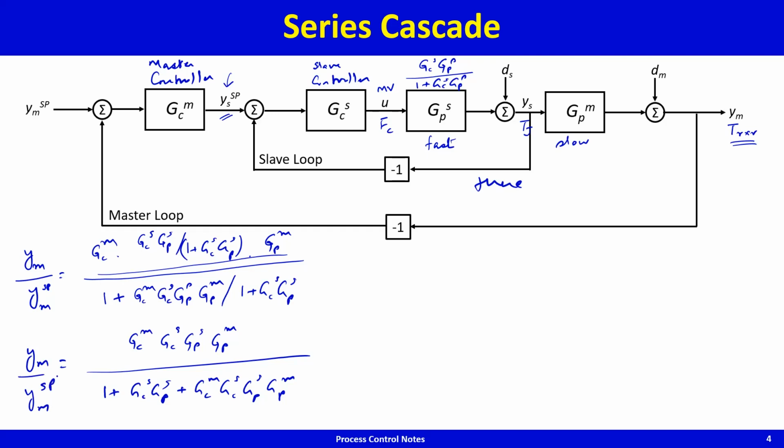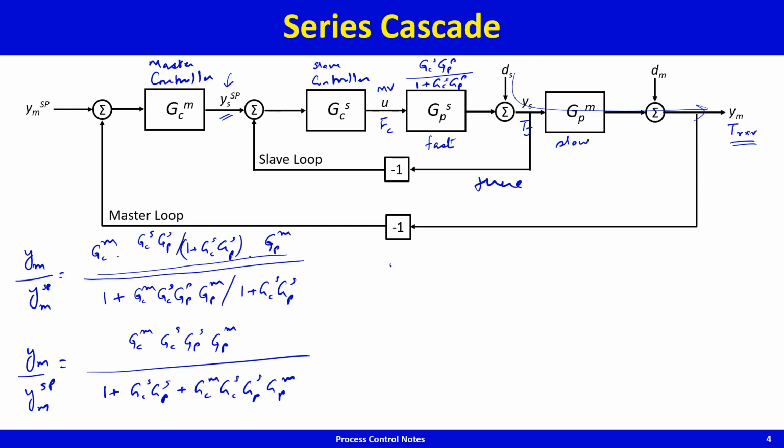What would the transfer function be with respect to, let us say, DM or DS? Let's do DS, the slave one may be more interesting. You go from the input to the output.